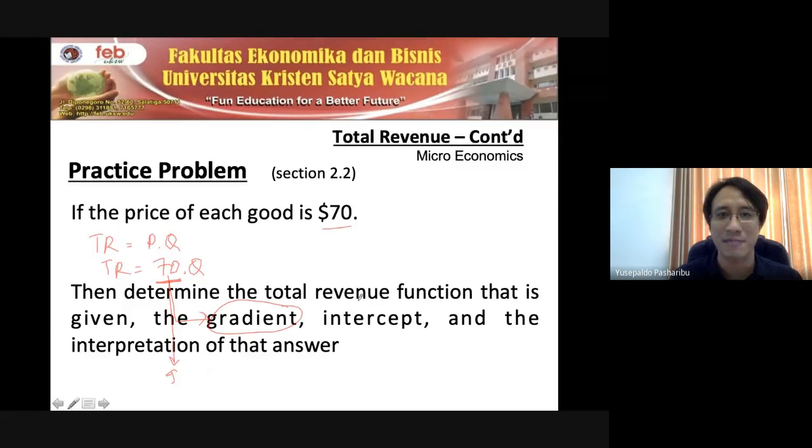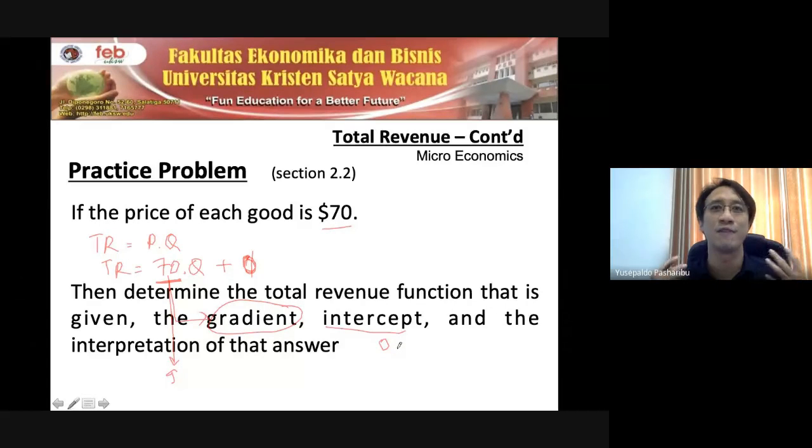And the intercept is the part that is added, plus something here. It is not written, which means it must be 0. The intercept is 0.